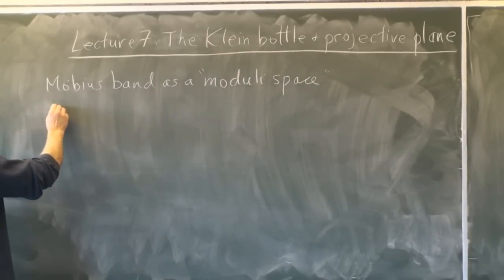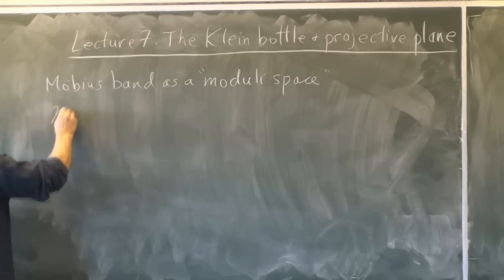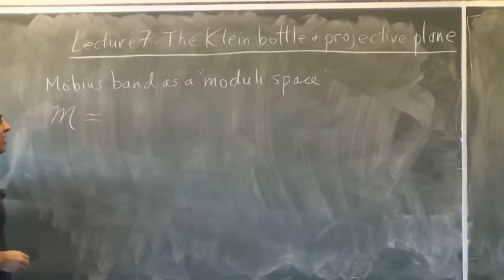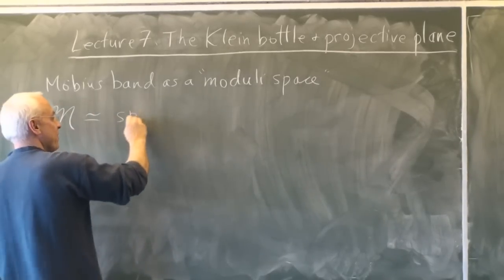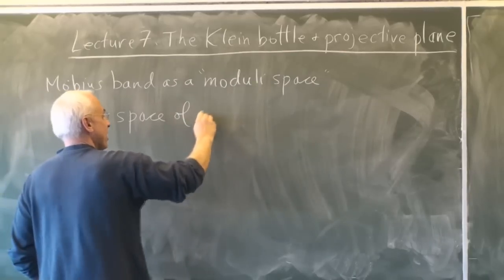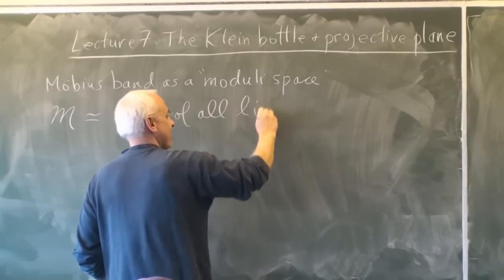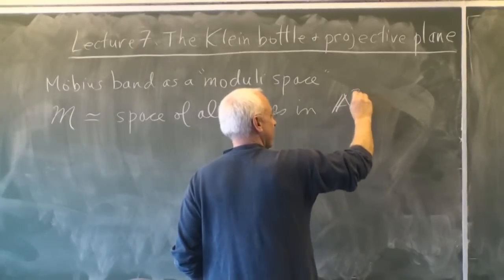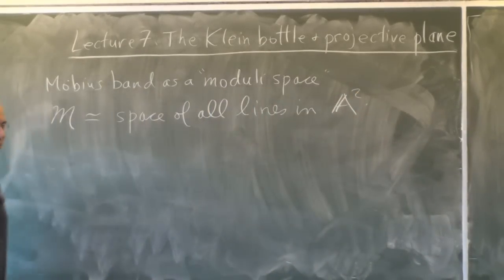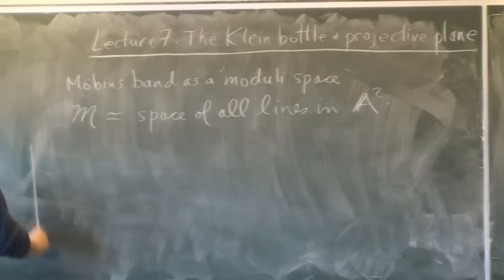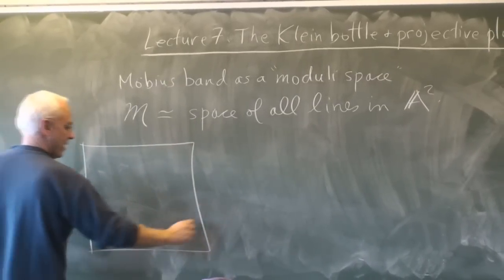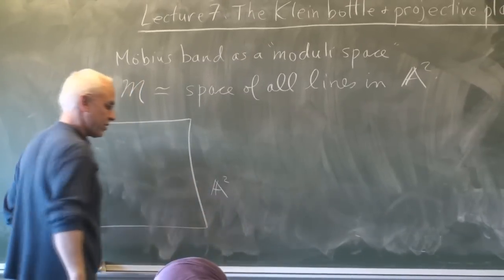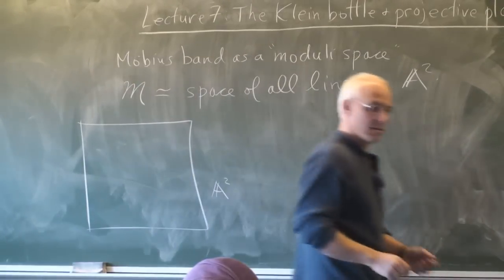So let's let M be the space of all lines in the plane. So we take our usual plane, A2, and we're considering all the lines in the plane.